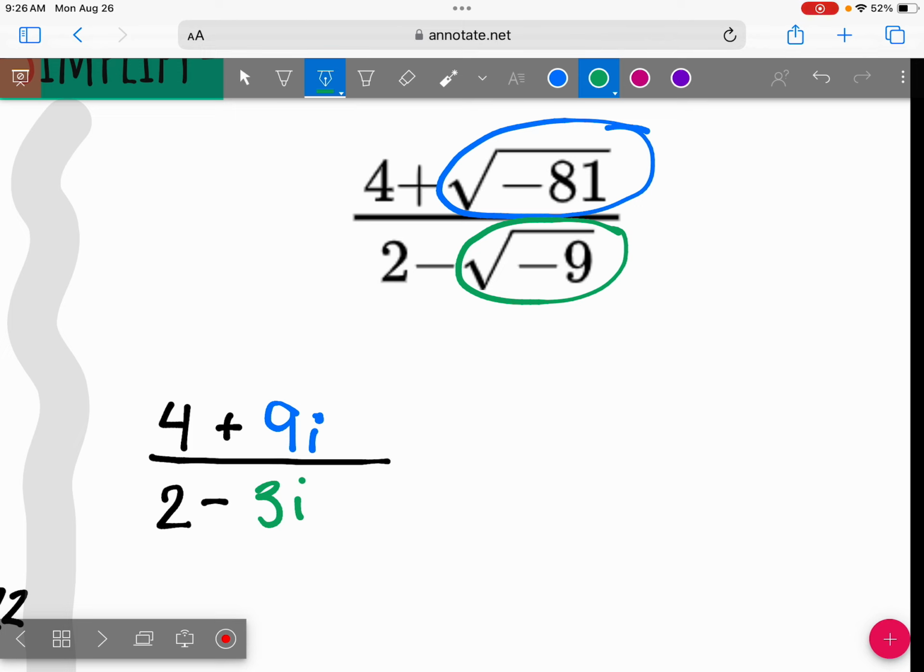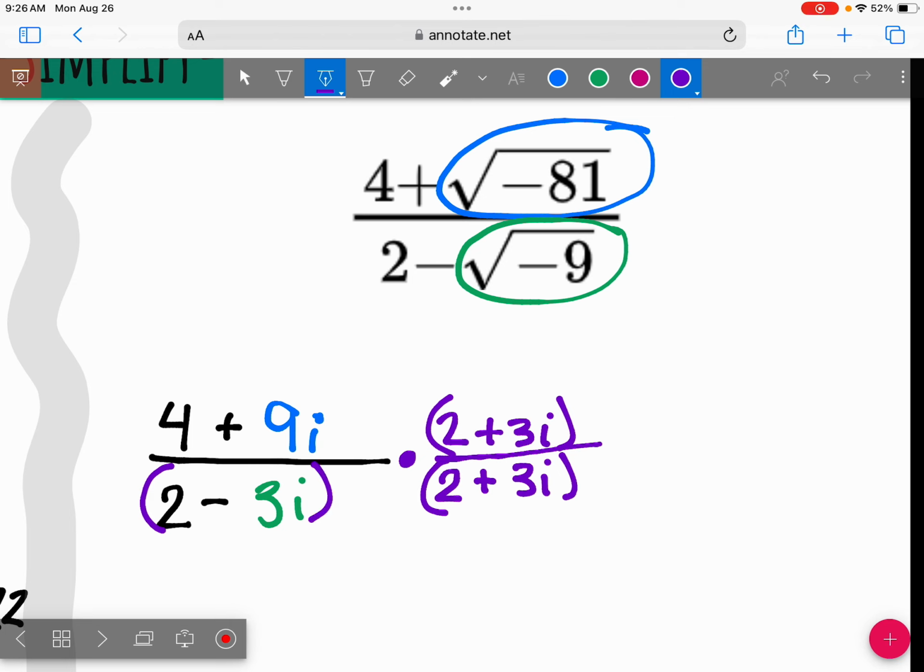So we're simplifying those radicals by making them imaginary terms. We need to multiply by our conjugate to get i out of our denominator. So what is the conjugate going to be? Exactly right. It's 2 plus 3i over 2 plus 3i.